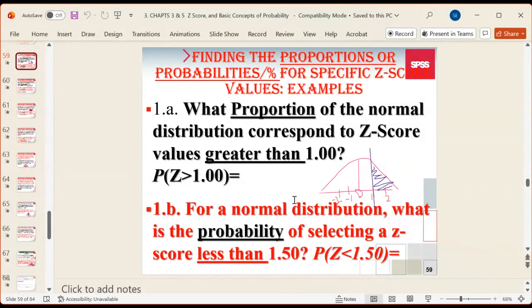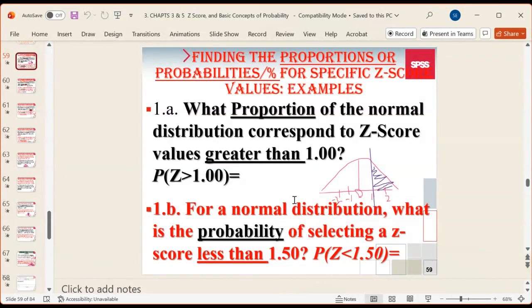If you notice, I underlined the word probability. Keep in mind, probability means percentage. Your answer should be in percentage, not proportion. The values that you're going to look up in the back of the book, those critical values, are in proportion.